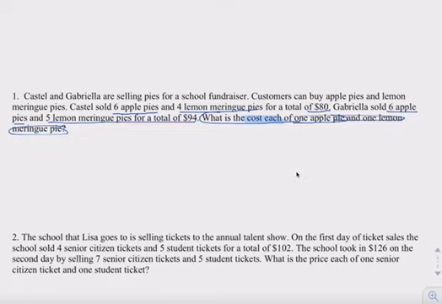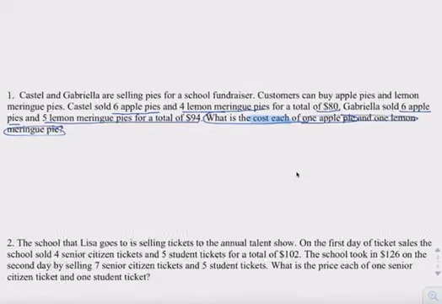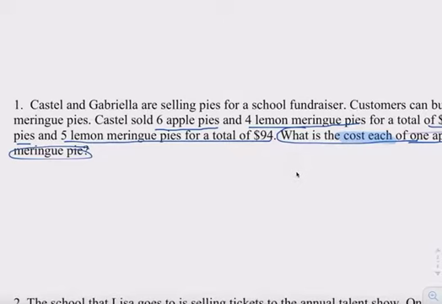First, we know that Castell sold 6 apple pies. That's not $6, so we don't know how much each apple pie was, and we don't know what to multiply. We need to know the cost of the apple pie.